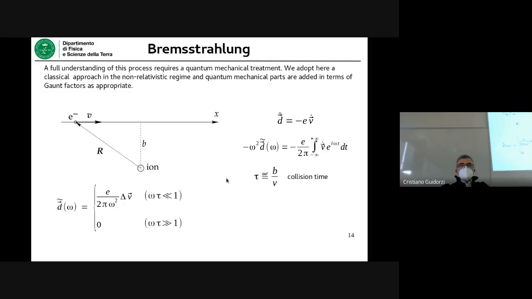In the opposite case, when omega is large enough to make its product with tau much larger than 1, again look at the time scale over which v dot varies. This exponential term instead goes up and down continuously. During an oscillation of this term, v dot has remained essentially constant, because v dot varies over time scales which are much longer than the time it takes for omega t to make a cycle.